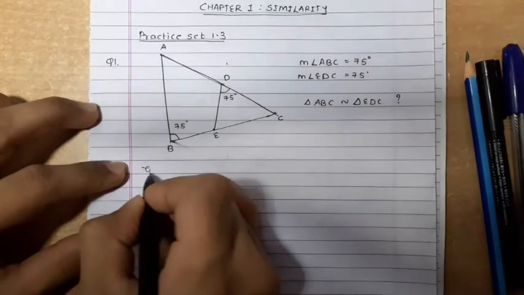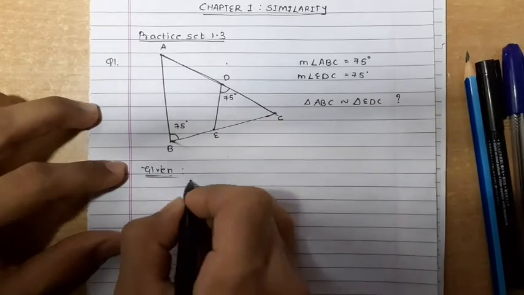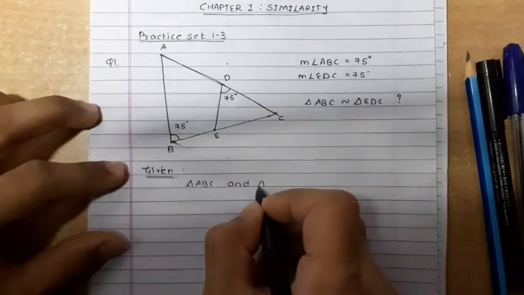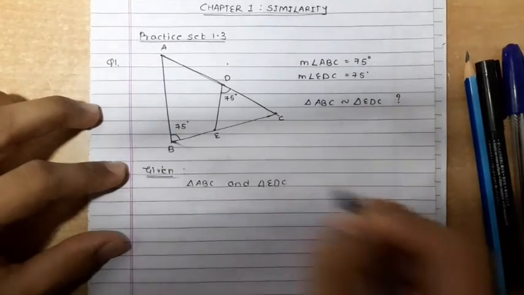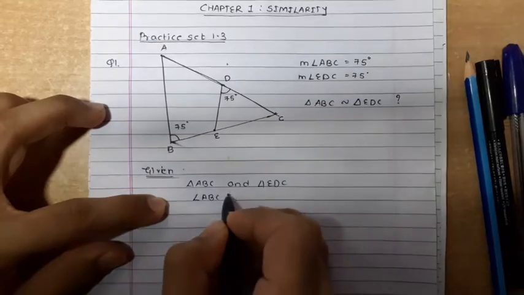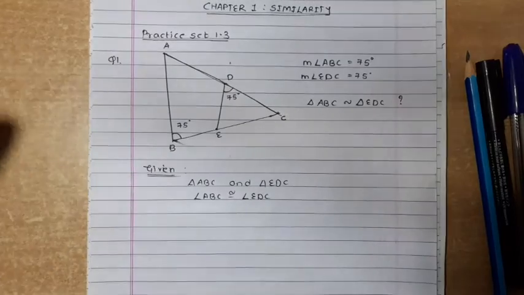Let's move on, writing the given part. Triangle ABC and triangle EDC. Angle ABC congruent to angle EDC. Any other point is given?